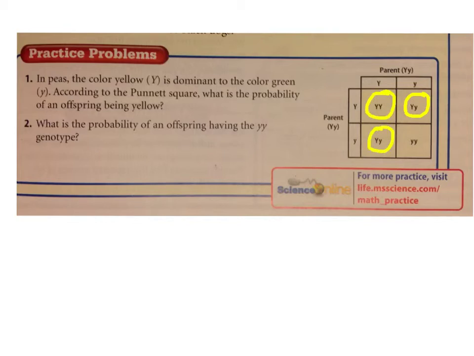So the probability is 75%, 3 in 4. And the next question, what is the probability of an organism having the small y genotype? That probability is 1 in 4, 25%. And that plant would have the green pea colour.